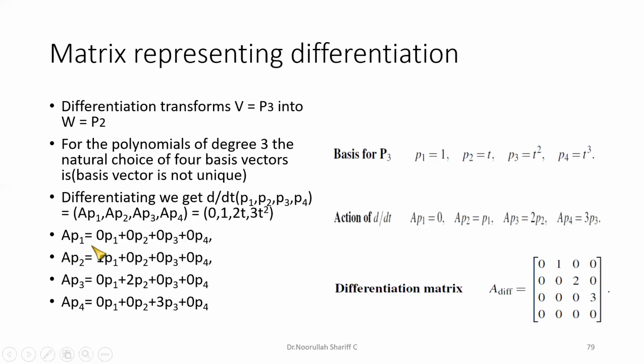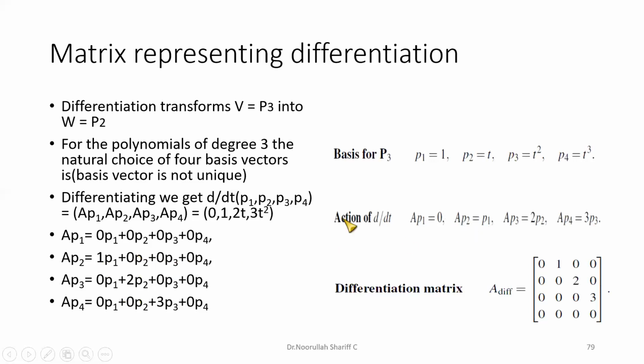Now this set of equations for AP1 to AP4 can be represented in this way. AP1 is equal to all zeros because we have 0 here. AP2 is equal to P1, so that means the coefficient of P1 should be 1, and the coefficients of P2, P3, P4 should be equal to 0, and that's what we have mentioned here: 1 of P1 plus 0 of P2 plus 0 of P3 plus 0 of P4.